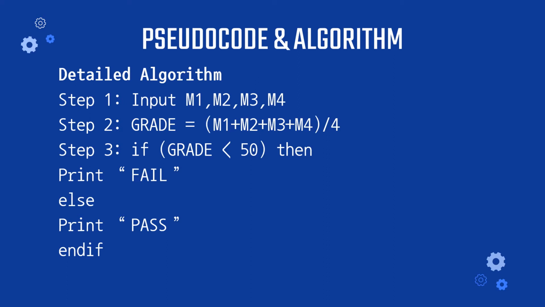So, syempre, isasama natin lahat ng subject and then we will divide it by 4. So, M1 plus M2 plus M3 plus M4 divided by 4. And then, step 3, if grade is less than 50, then print fail, else print pass, and if.